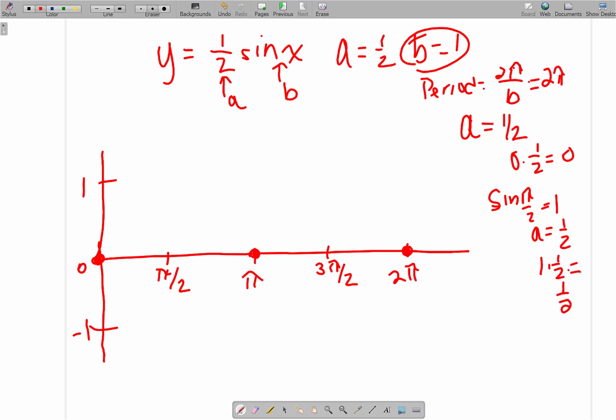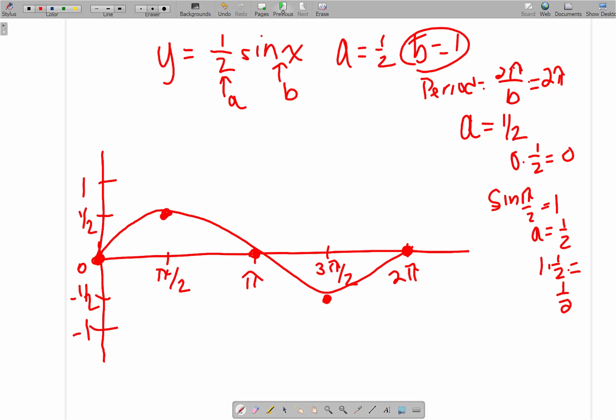So now instead of going up to 1, we're going to go to 1/2 for pi over 2. And you guessed it, negative 1/2 for 3 pi over 2. So do you see that a now has stretched less than the original graph?